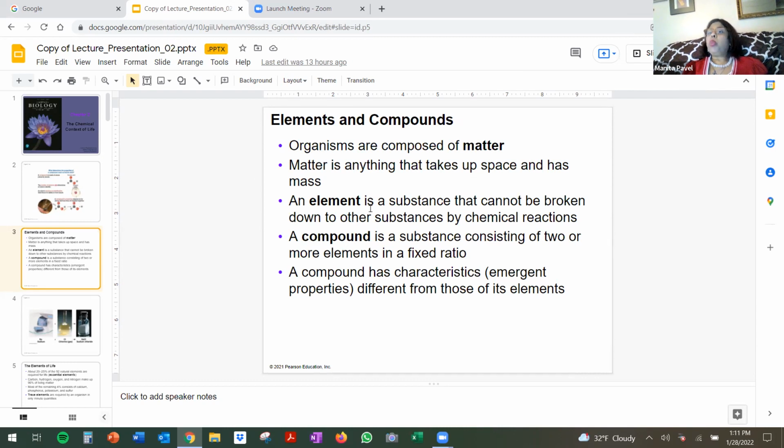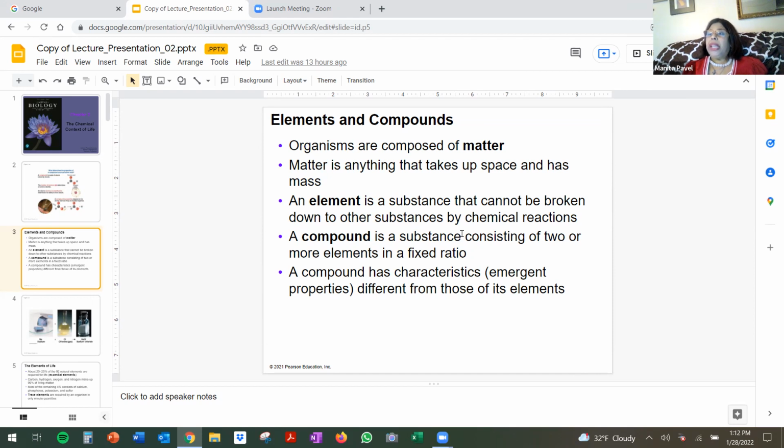So let's define what then is an element. An element is a substance that cannot be broken down into simpler substances by chemical reactions.